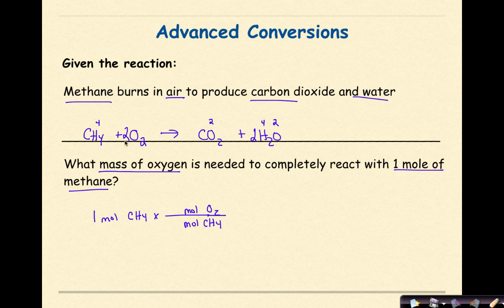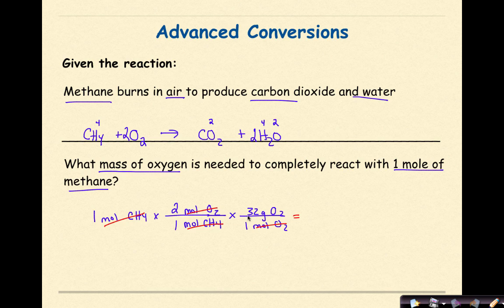We go up and we look at our balanced equation. This is going to be 2. This is going to be 1. We are in moles of oxygen, but we do not want moles of oxygen. We want mass of oxygen. I know that 1 mole of oxygen is equal to 32 grams of oxygen. Go through, cancel units, moles of methane, moles of oxygen.